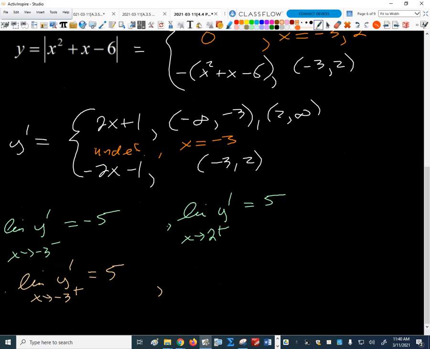And then down here in the other piece of my function, as I calculate the limit of the derivative from the left, as x approaches 2, I'm going to get -5. So again, those don't match. And so my derivative is undefined at -3 and at x equals 2. And that's where we'll have to leave off.